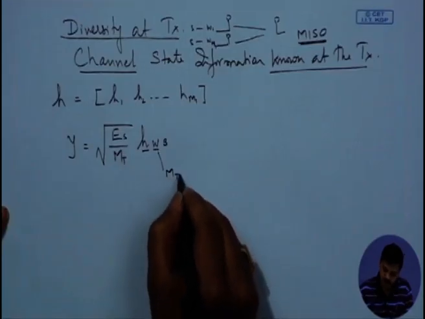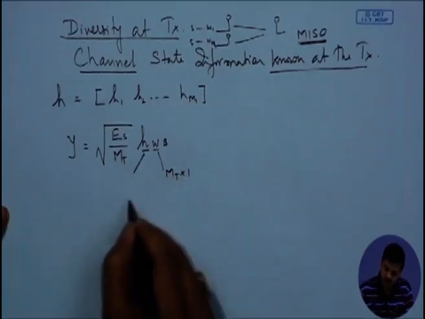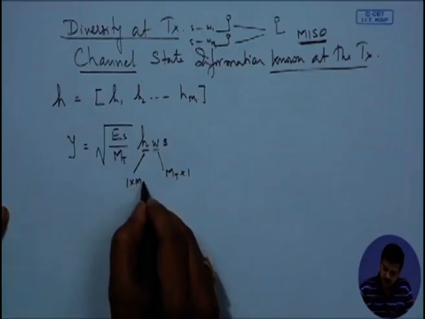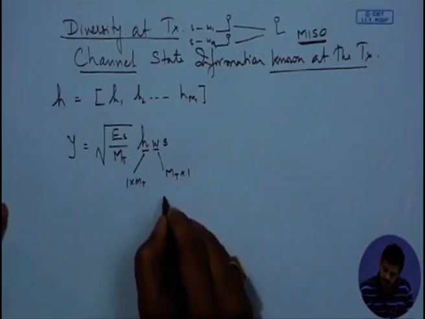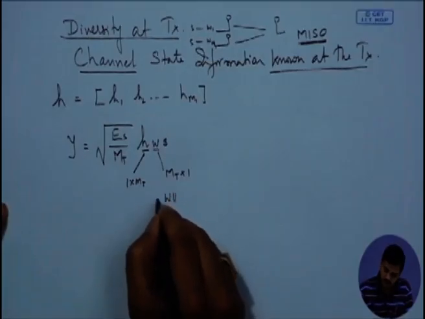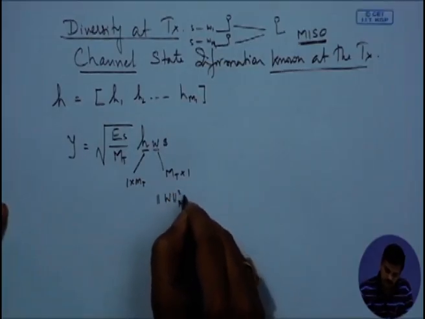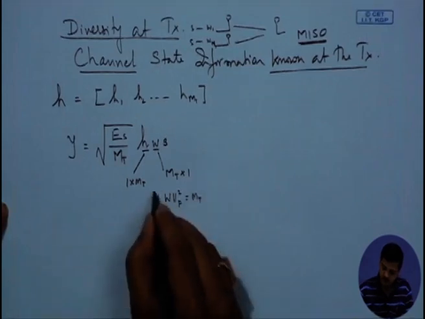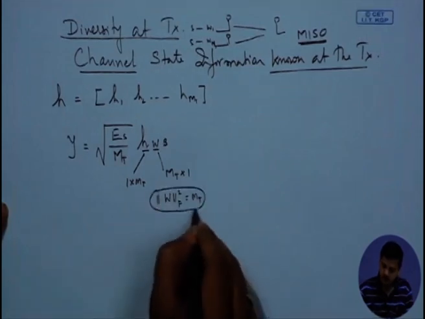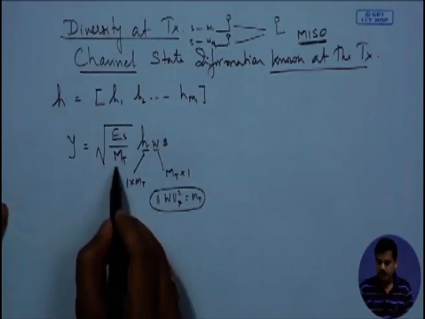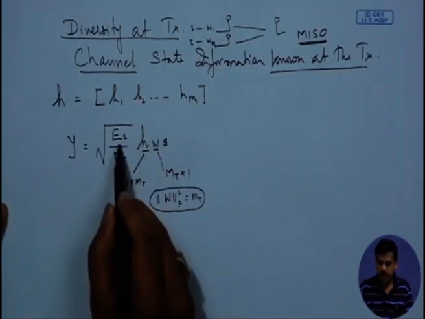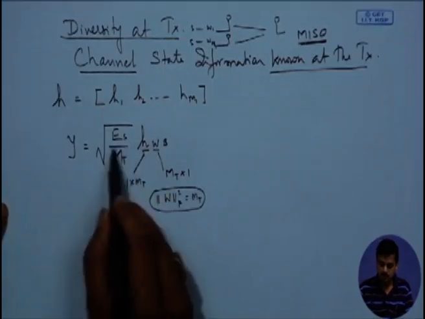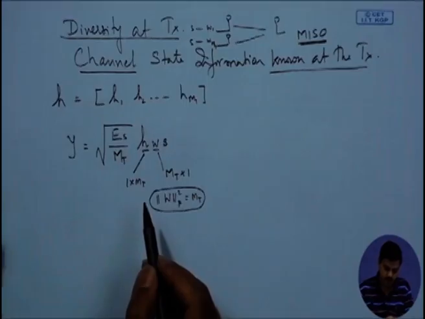So this is MT cross 1, and this is 1 cross MT, and S is of course a scalar, and we have to choose that the Frobenius norm of W squared is equal to MT. Right, we have already divided by MT for each branch, and together this will ensure that there is ES power. So there is no change of total transmit power in this particular case.